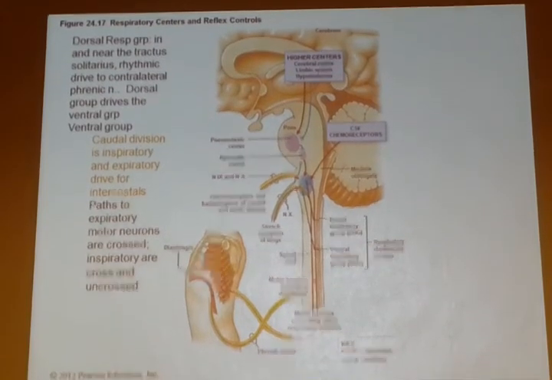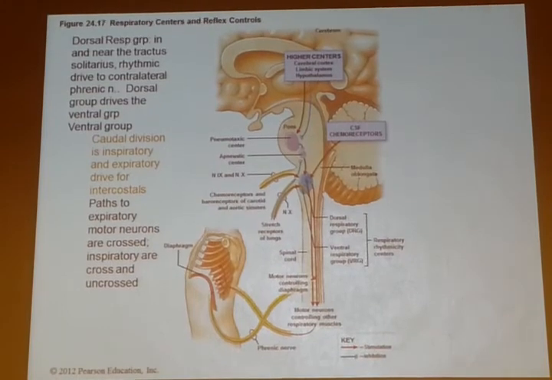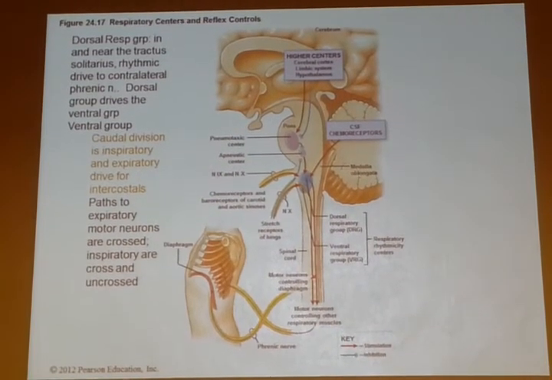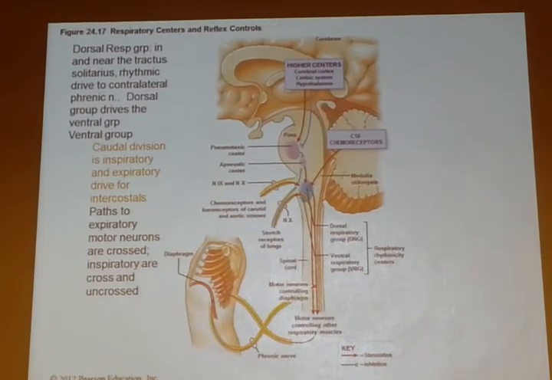And then the one on the left has a pathway straight down and it's joined by one from the right side. My question to you, based on this, since expiration has one pathway and it's crossed, but inspiration has two pathways, one crossed and one uncrossed, which is more important, inspiration or expiration?